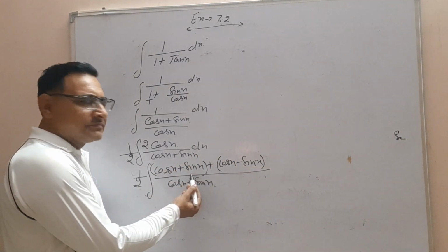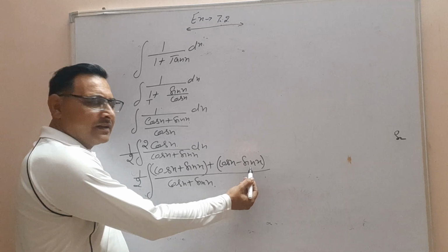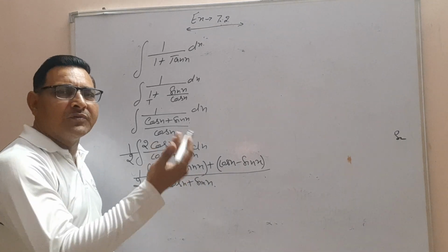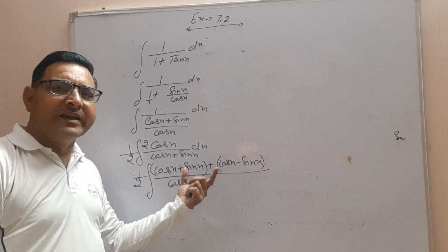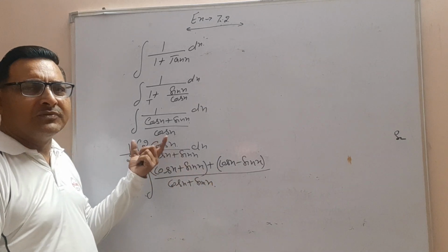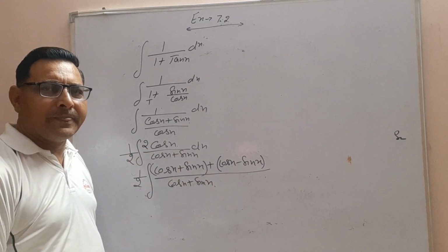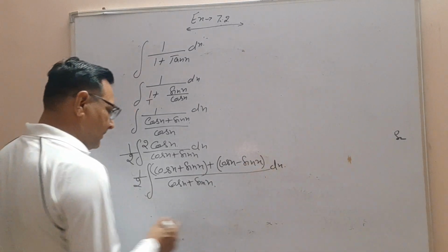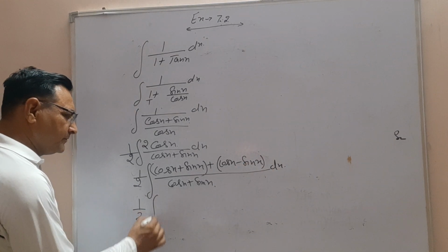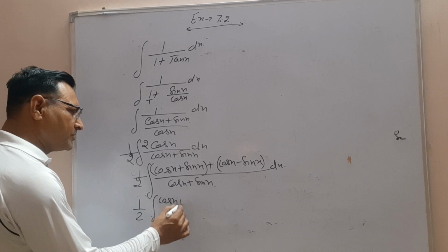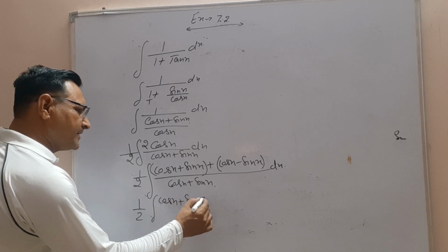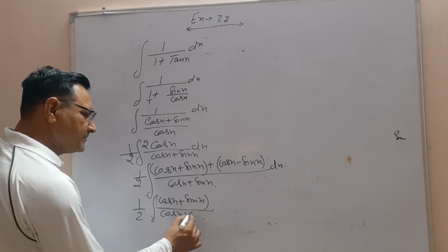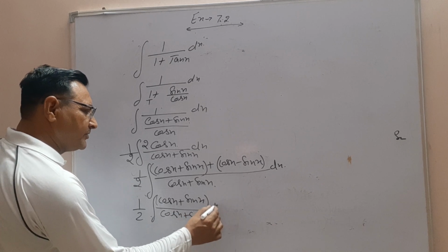Positive sin x cancels with negative sin x. So what will you get? Cos x plus cos x, twice of cos x. So in this way you can write twice of cos x. So now you can separate these terms. 1 by 2, cos x plus sin x upon cos x plus sin x into dx.